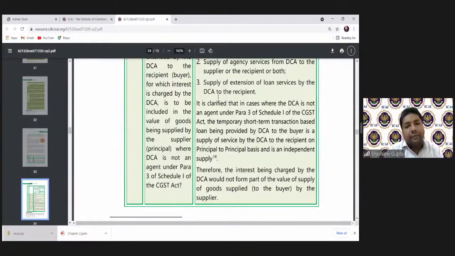So the government clarified, in cases where the del credere agent is not an agent under para 3, in what cases is it not an agent? Where the goods are directly sold by the principal to the buyer.